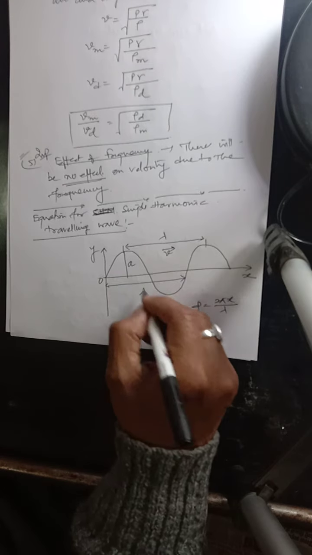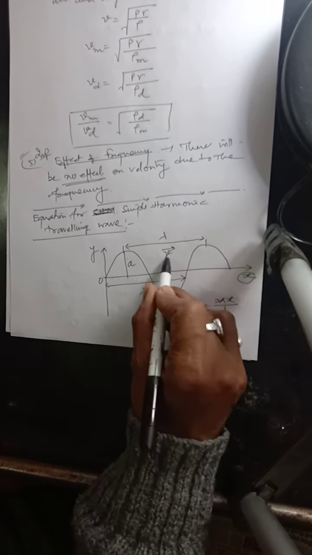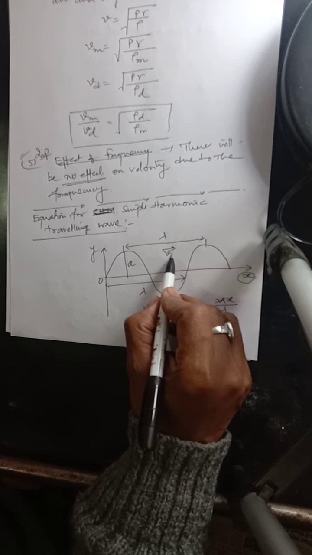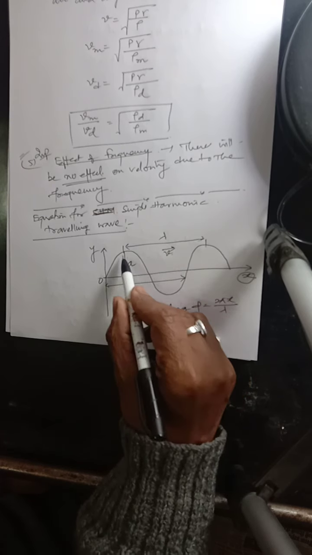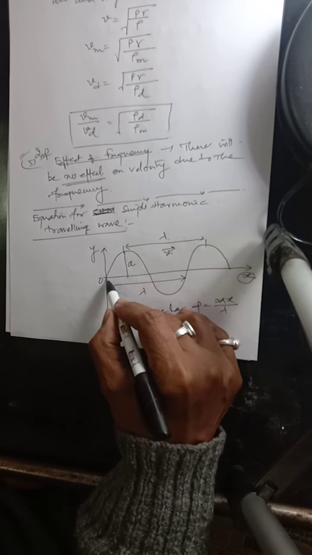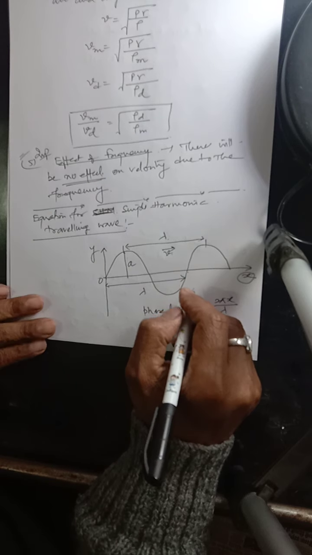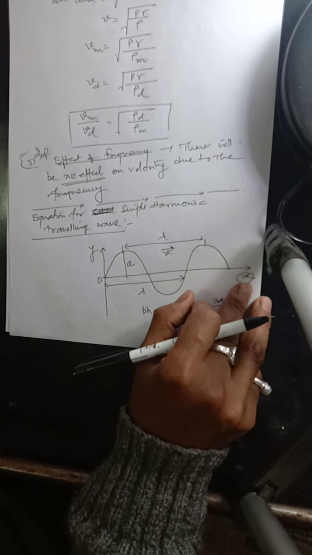So this is the wave, this is the amplitude, this is the direction, and in this direction the velocity is v. This is peak to peak, which is the wavelength, or minimum to minimum, meaning one complete cycle, which is the total time period.